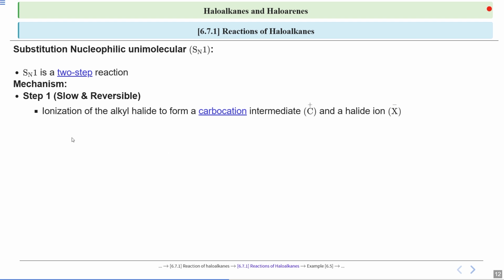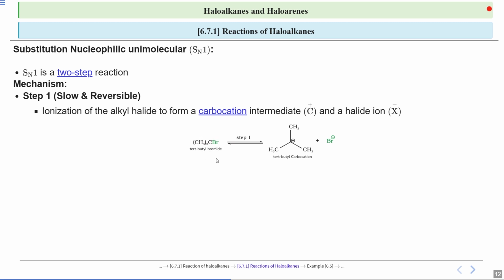First of all, what will happen? The ionization of alkyl halide, that is haloalkane, is going to happen, so that we will get a carbocation intermediate containing a positively charged carbon, and a halide ion, that is X negative. For example, let's take tertiary butyl bromide. The bromine is the halogen attached to this carbon, and this carbon is attached to the other 3 methyl groups.